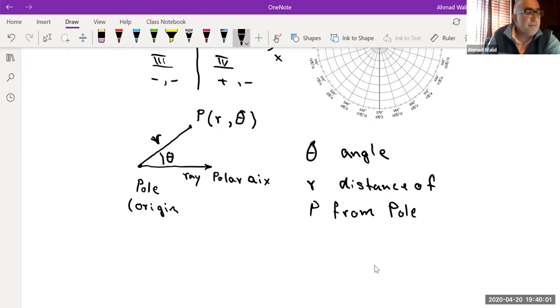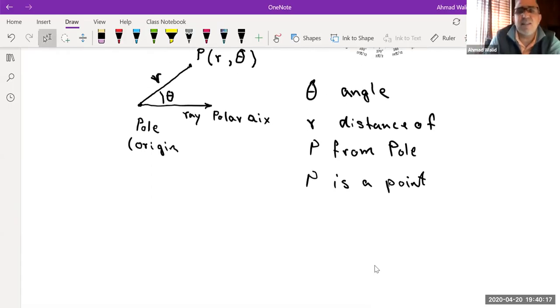What else? P is a point, any point. And that's it. These are the new things that you have to know. What is P, what is theta, what is angle?